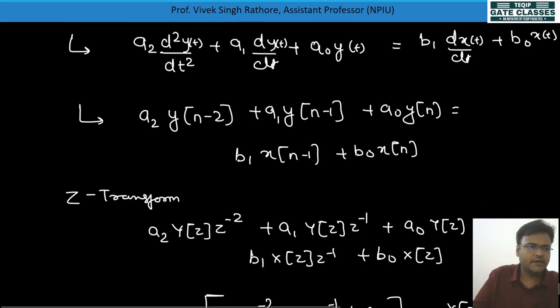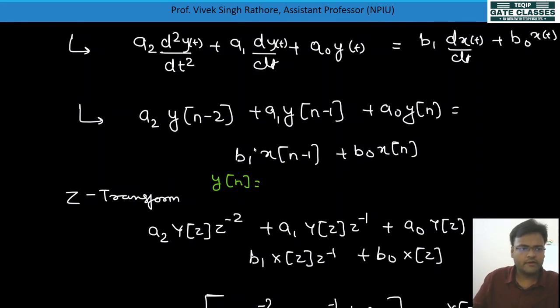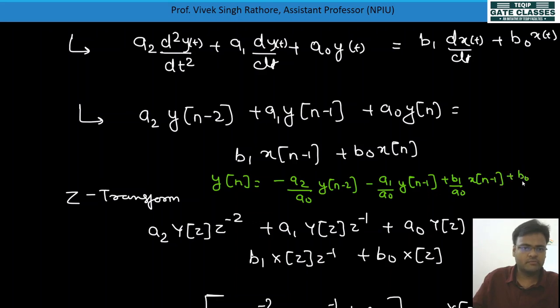So here also, see, with the green pen I will write, if you need only y of n, obviously all these terms will go to the left hand side, right hand side, so I can write minus a2 by a naught y of n minus 2 will be there, plus minus a1 by a naught y of n minus 1 will be there, and plus b1 by a naught x of n minus 1 will be there, plus b naught by a naught x of n will be there.